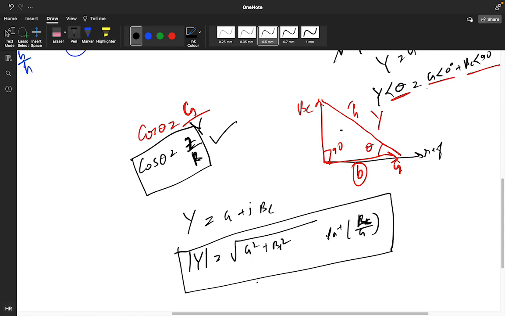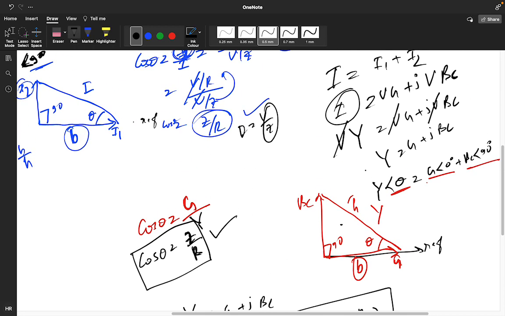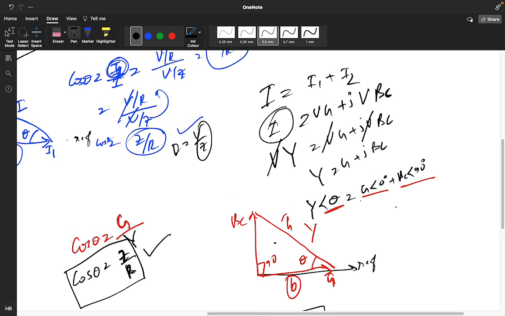Okay. So in a capacitor, your capacitor in a parallel network, is your capacitor leading or lagging? Is the capacitor leading or lagging?